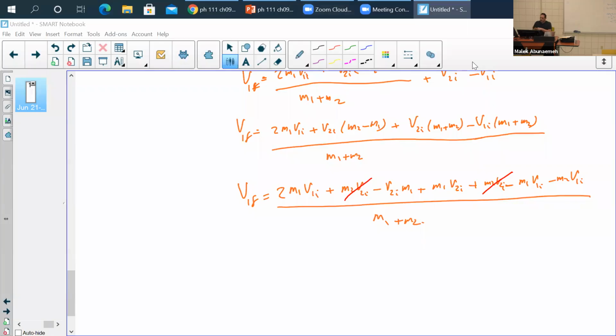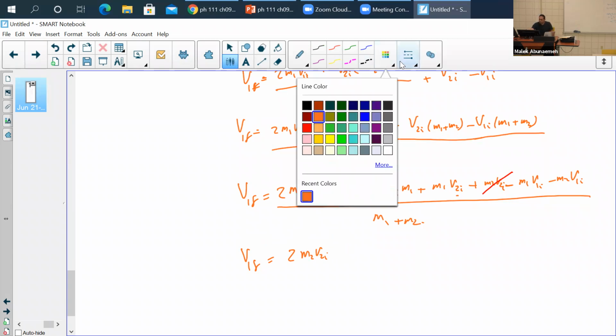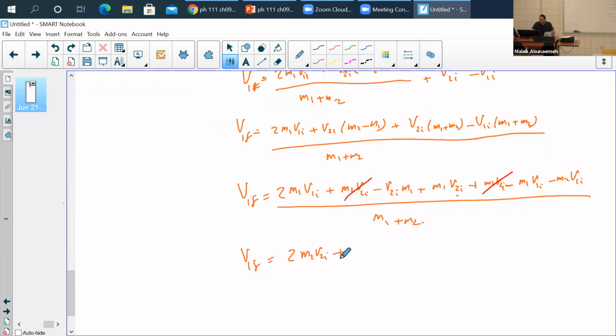Okay, so let me take orange. V1F is gonna equal, you get M2 V2I, M2 V2I, so that's two M2 V2Is, plus we got V1I, one over here and one over there.